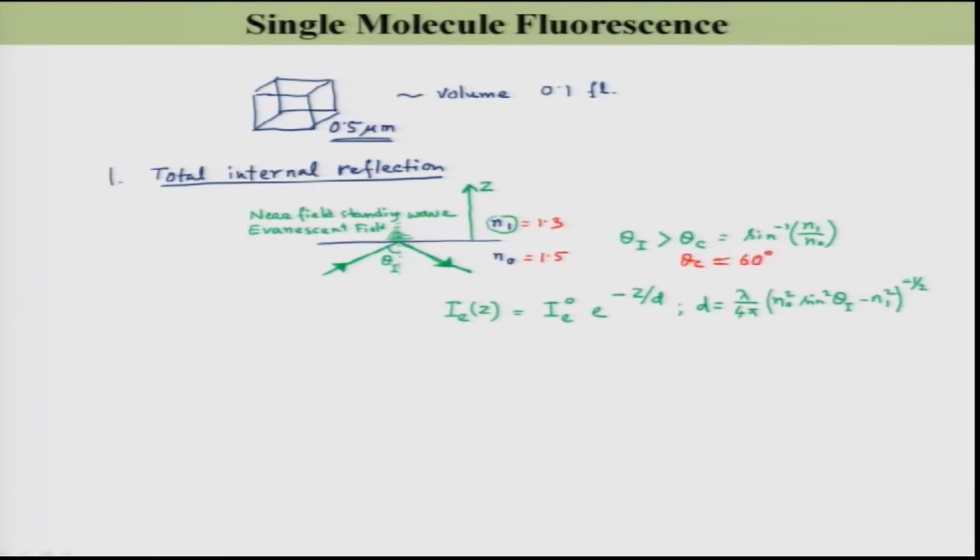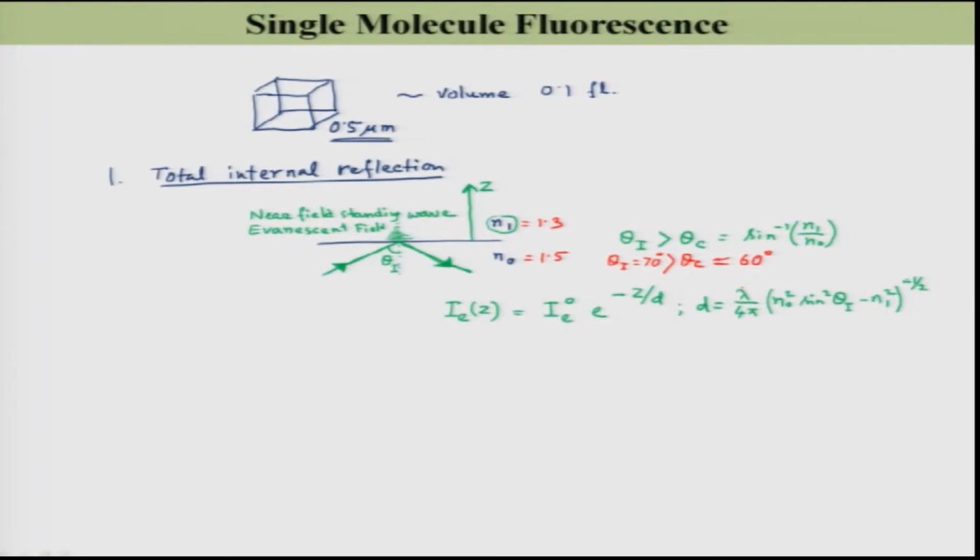So, if theta I is greater than 60 degree, let me consider that theta I is equal to 70 degree, which is greater than theta c, then it will fulfill the total internal reflection condition. In that case, I can simply evaluate the value of d, because I know n0, theta I, and n1, but it also depends on the wavelength.